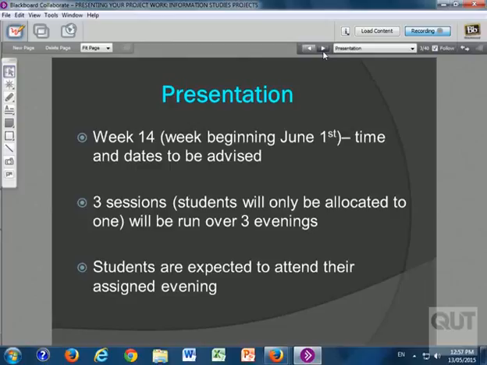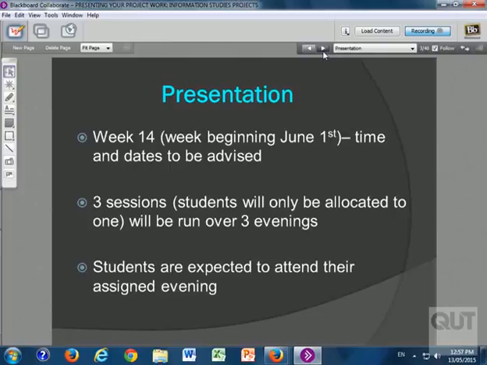Given the number of students we have, we'll be running 3 sessions. It's not manageable to have everyone presenting on the same day. It'd be ideal, probably for all of us, but it's not really practical. The sessions will all be running in the evening, so we won't actually run them during the day. It's just a little bit too hard to manage in that regard.